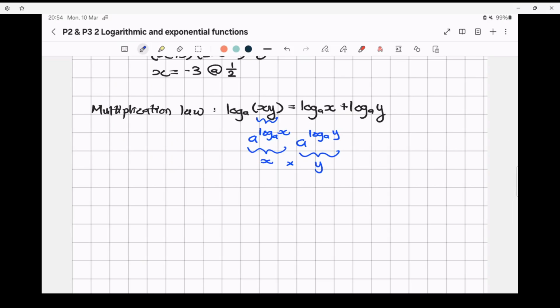Okay? But when you multiply them together, what you will also get with the index is basically something like this. So in the end, what you have is actually log base a x plus log base a y.